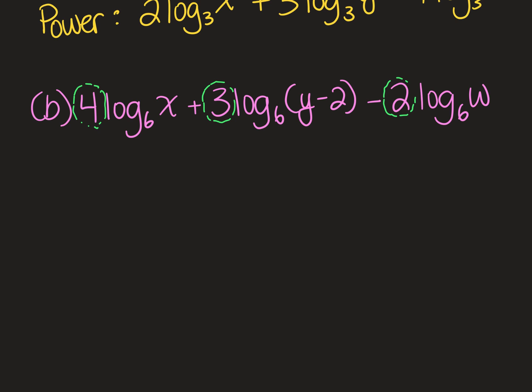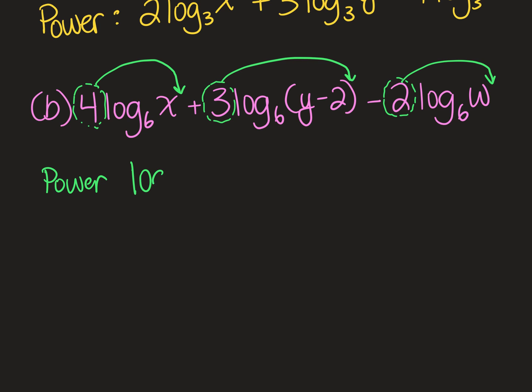So I'm going to start by taking each of these multiples of the logarithms and writing them as powers of whatever's inside the logarithm. So that's my first step. Let's use that power property. And that's all I'm going to do. We're not going to try to condense it into one logarithm or anything at this point. We're just taking it in baby steps here.